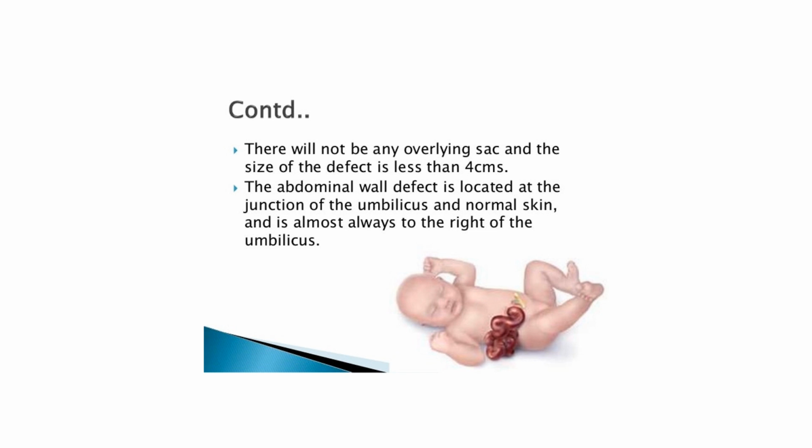So the protruded organs seen in gastroschisis will always be less than 4 centimeters, there will be no overlying sac near the internal organs, and the protruded organ will always be present on the right side of the umbilicus.